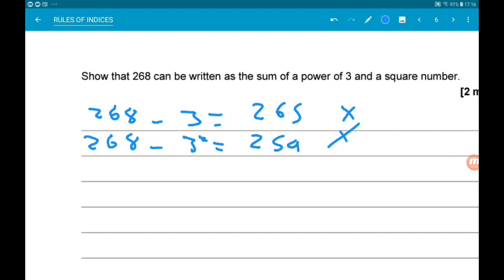So 268 minus 3 cubed. Now 3 cubed is 27. 268 minus 27 is 241, not square.